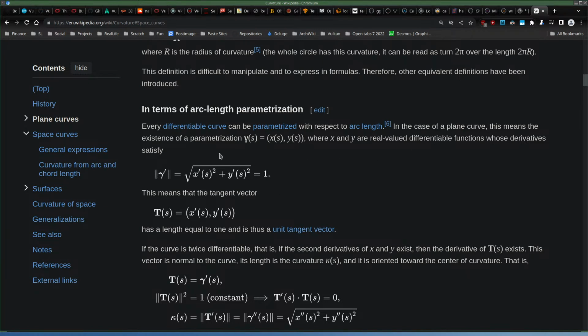But okay, I think you can just scale the whole thing.